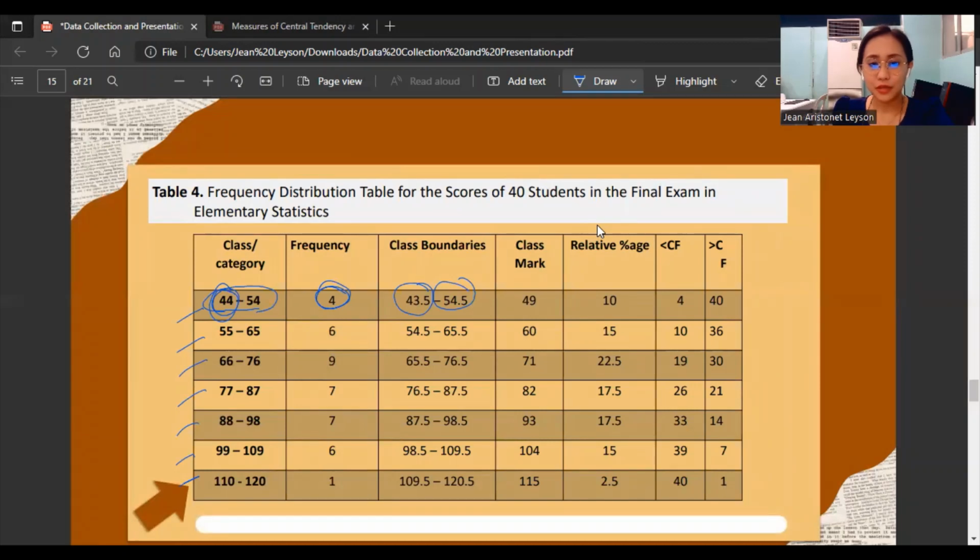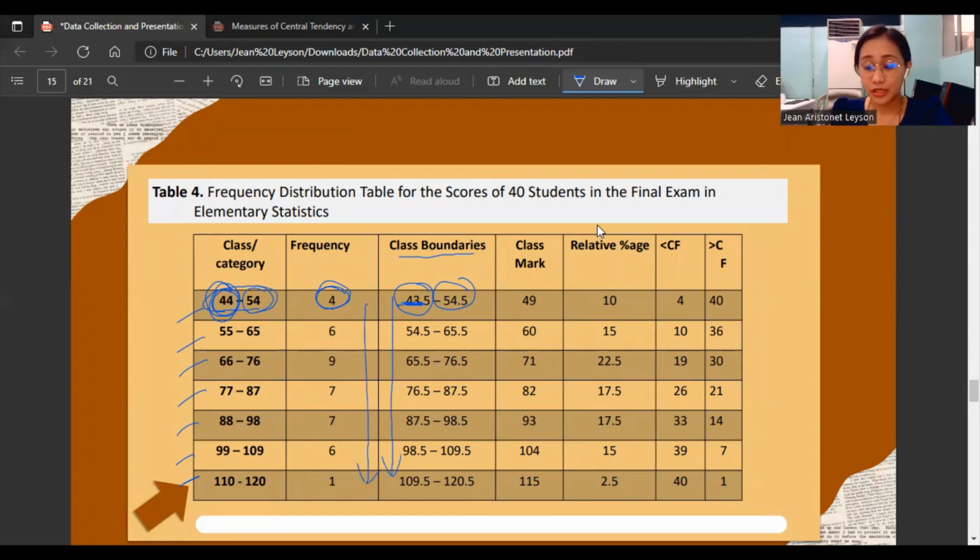Now for the class boundaries, as I told you earlier, that is simply subtracting 0.5 from the lower limit. That's 44 minus 0.5, that's 43.5. And for the upper limit, simply add 0.5. So 54 plus 0.5, that's 54.5. And you will do the same with the remaining intervals.